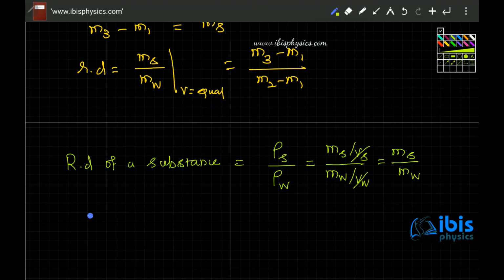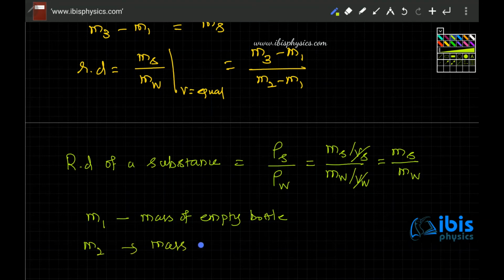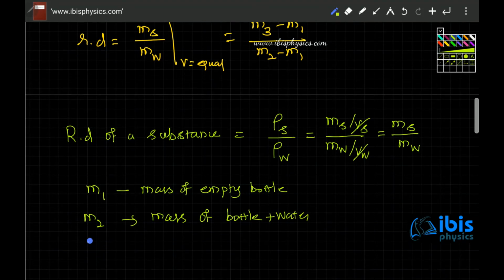If M1 stands for the mass of the empty bottle, and M2 stands for the mass of bottle plus water, and M3 stands for the mass of bottle plus substance.